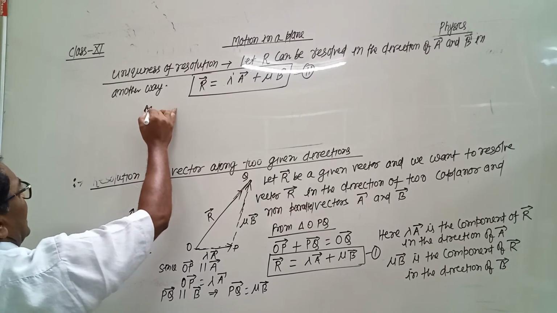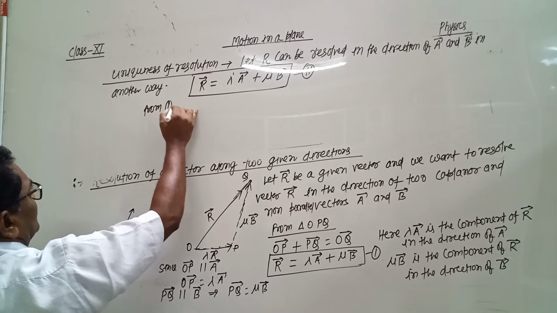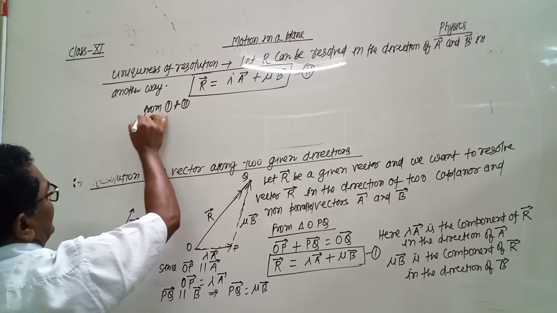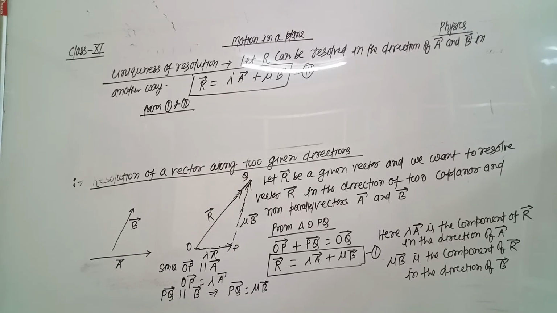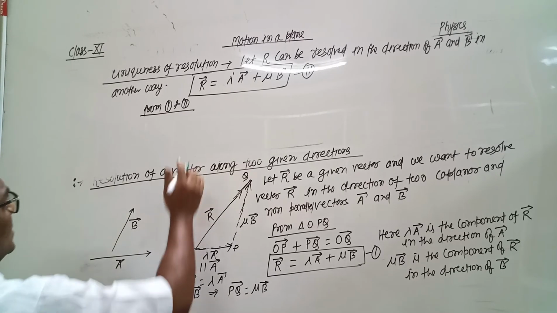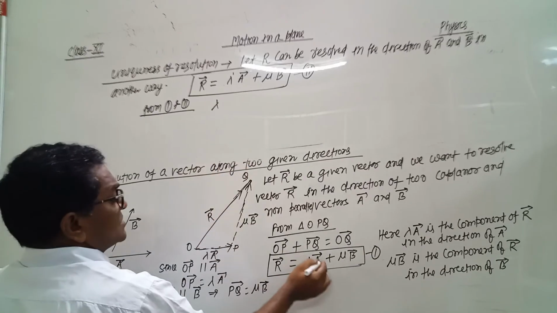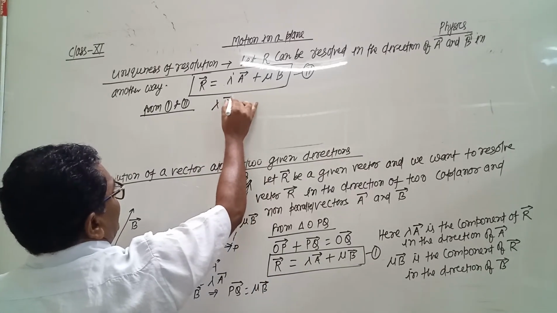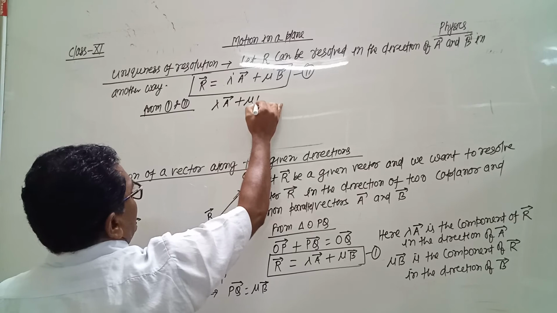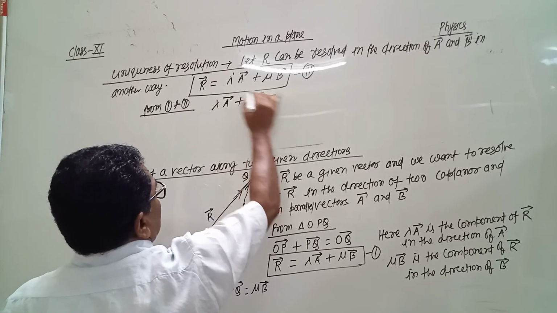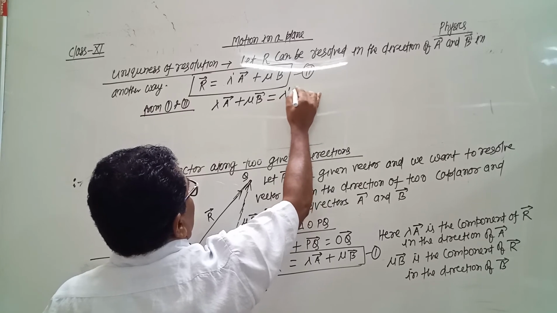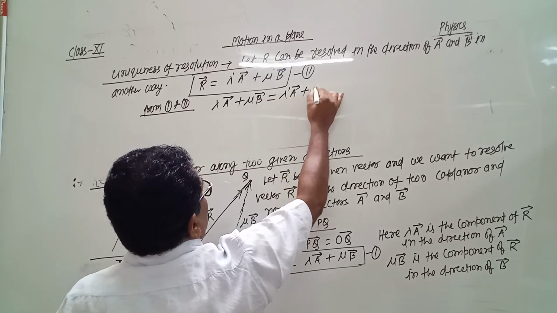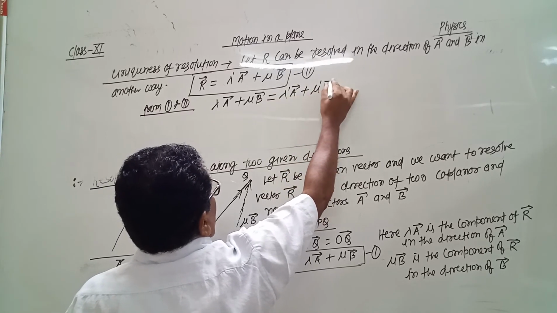So from first and second, LHS is same, both have the LHS vector R. So we can equate RHS, means from first, lambda into A vector plus mu into B vector equals the RHS of second equation, lambda dash into A vector plus mu dash into B vector.